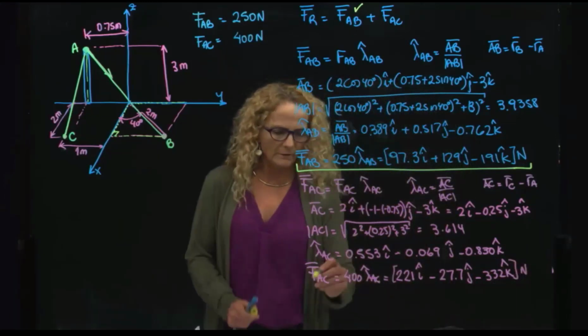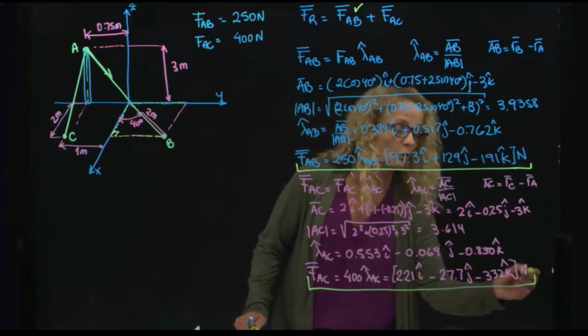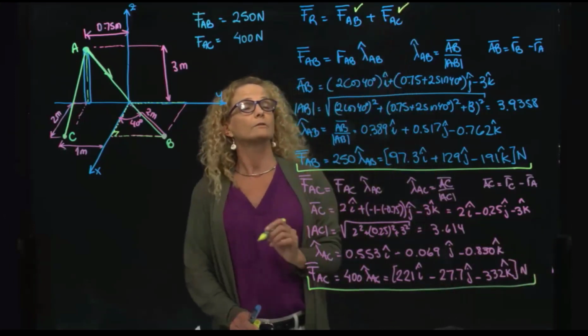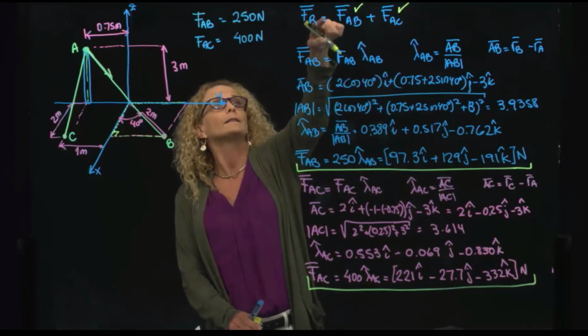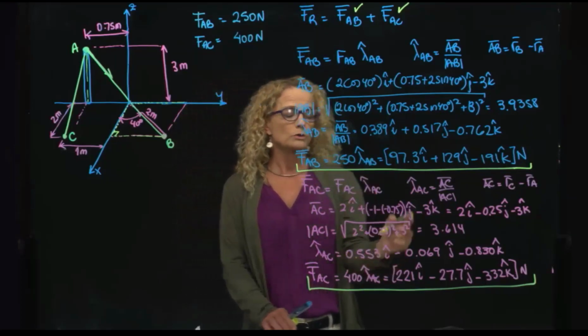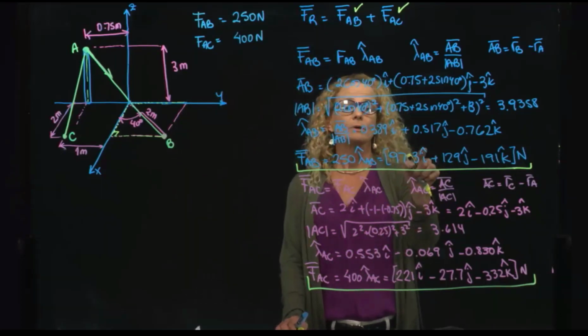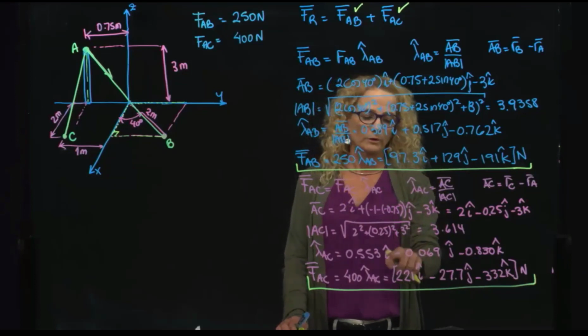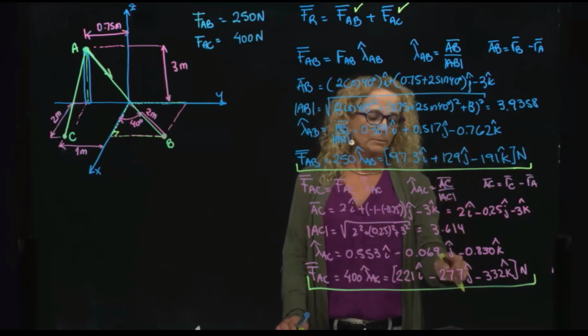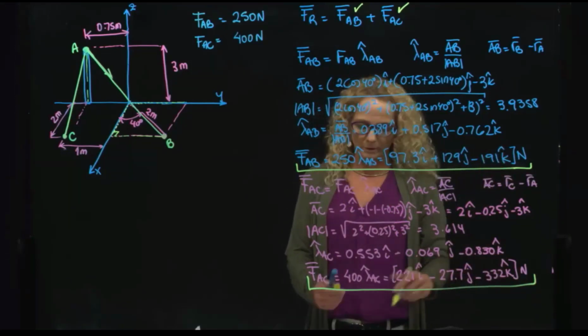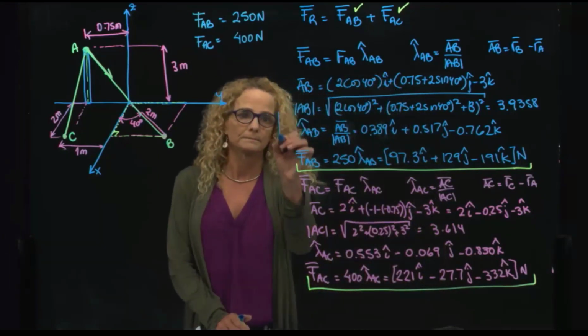And then we have this value right here. So we were able to find this component. Now we are able to find the resultant force, which of course you know will be equal to the component in I plus the component in I, the component in J plus the component in J, and the component in K plus the component in K. So let me write it down right here.